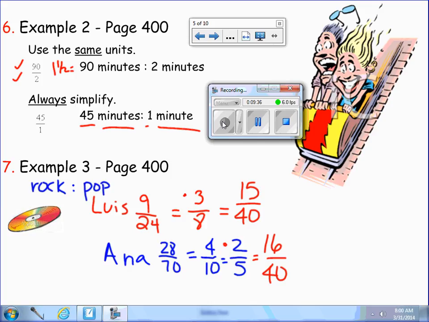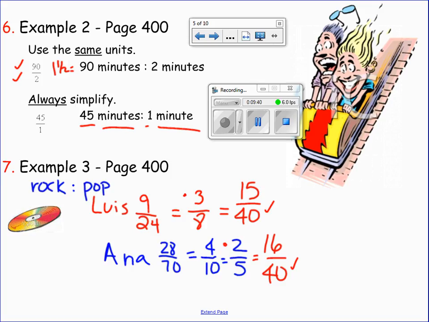But in order to compare them, we found a least common multiple of 40 so that we could compare them. Now, in the textbook, they decided to divide 3 divided by 8, 2 divided by 5, and found it in decimal. But I find that comparing fractions, finding a common denominator, least common multiple, and comparing them that way is a simpler way. So again, give the ratio the way it is asked in order to compare them.